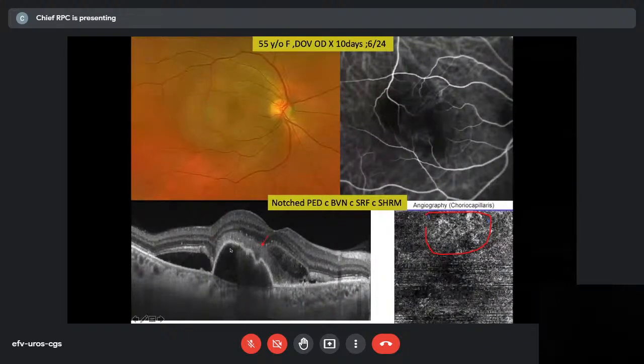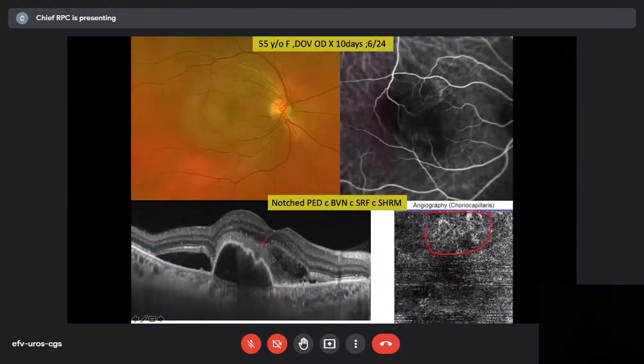The OCT shows us the notched, bifid PED, RPED, and serous detachment, and above the RPED, the serous fluid, and we have some exudative material, which is actually subretinal hyperreflective material, SHRM. Subretinal hyperreflective material, if present, means the patient has a somewhat poorer prognosis because it is associated with scarring in the eventual future.